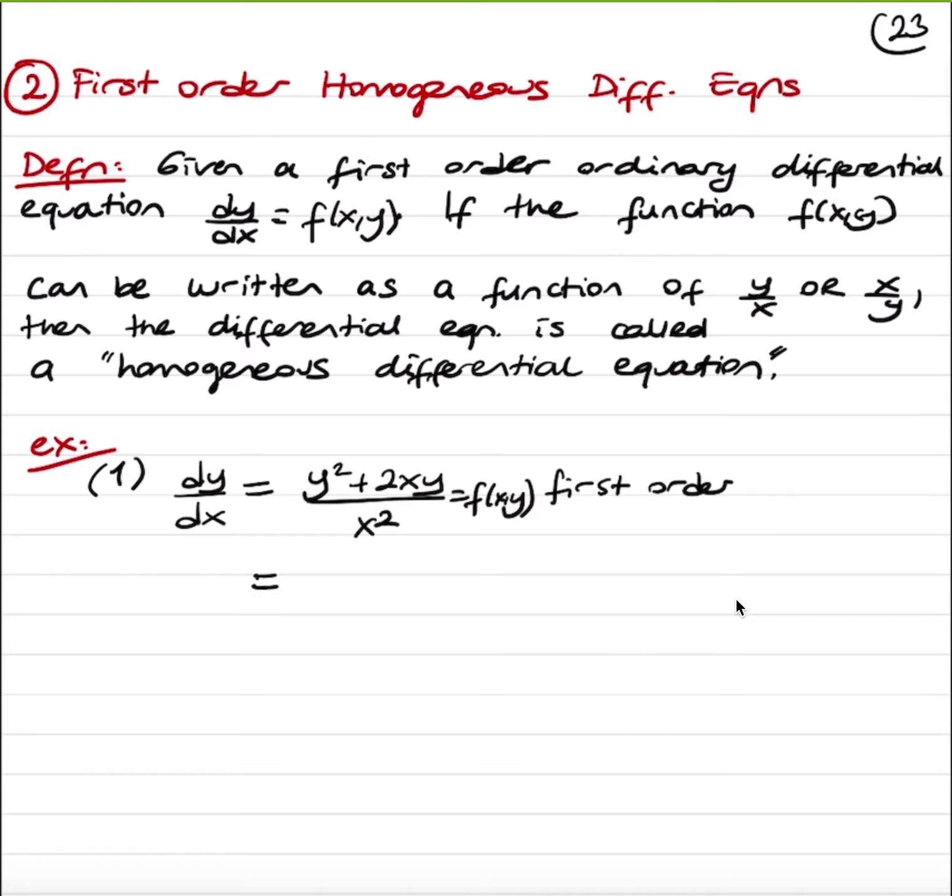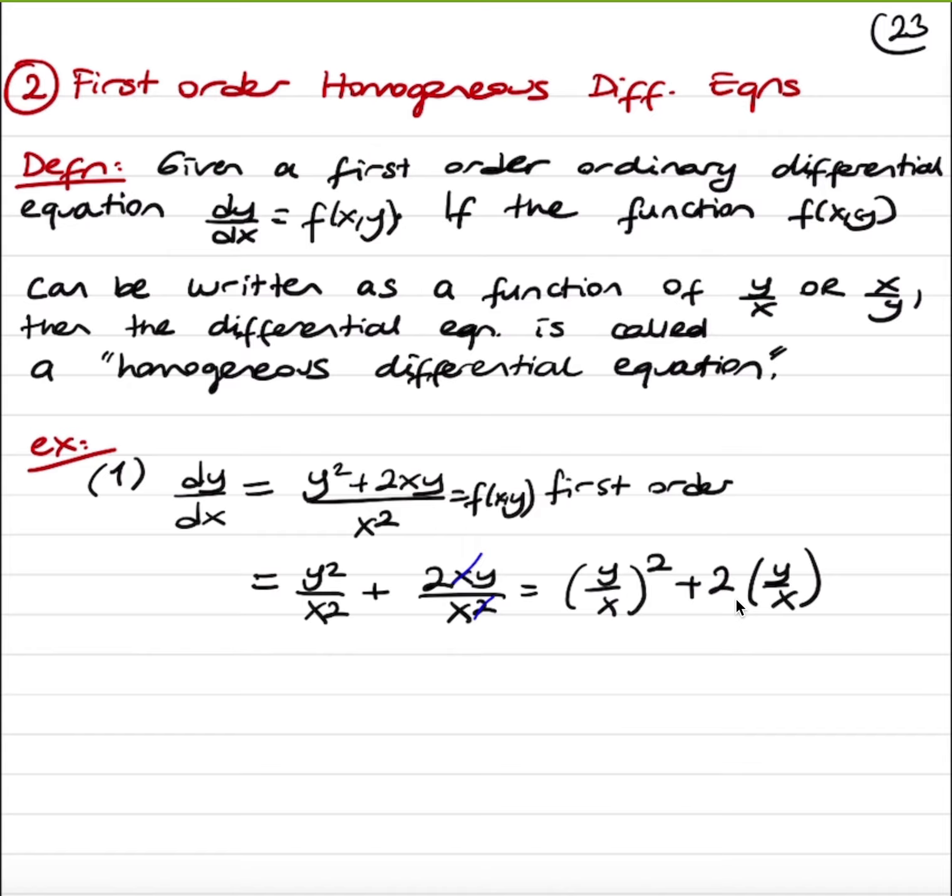So let's see. If we divide everywhere by x squared, we will get 2xy over x squared, and we can write this, cancelling one of the x's, as 2 times y over x.